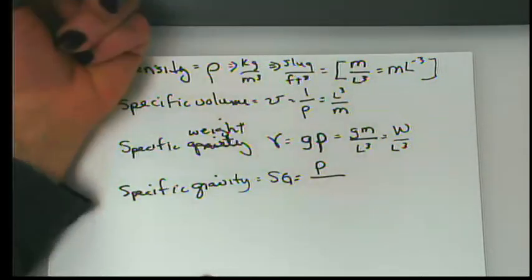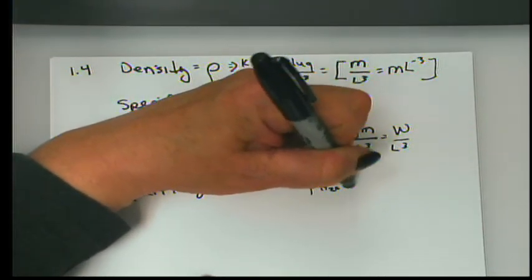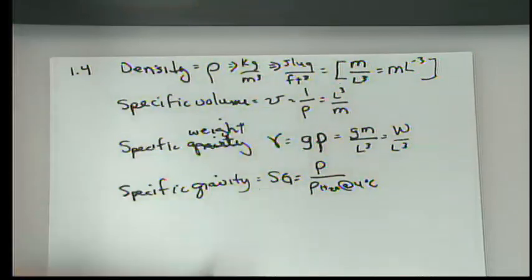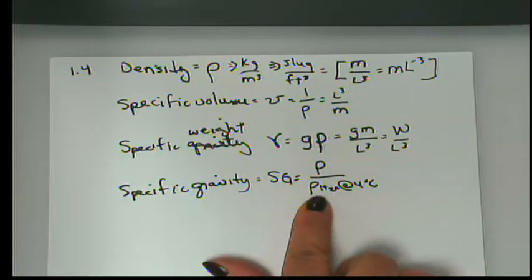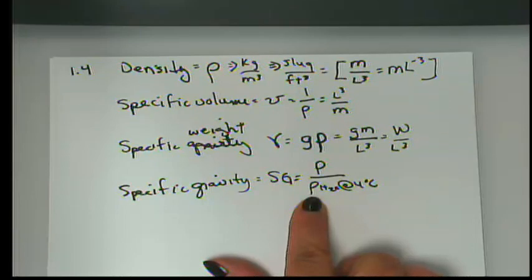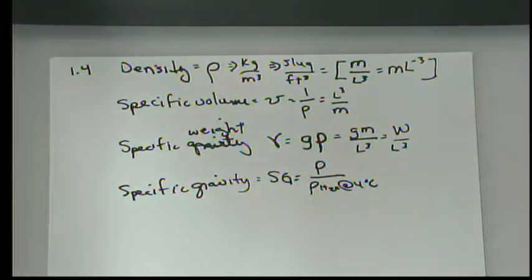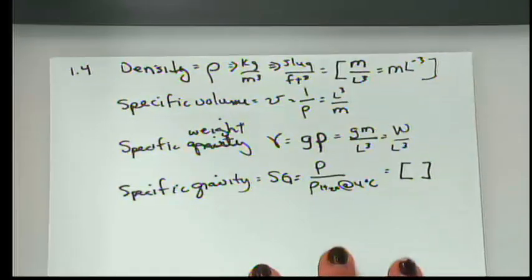So we take the density of our liquid and divide it by the density of water at 4 degrees centigrade. And for a gas, we usually compare it to air. Now you'll notice that since we have dimensions of mass per length to the third over mass per length to the third, specific gravity is actually dimensionless.